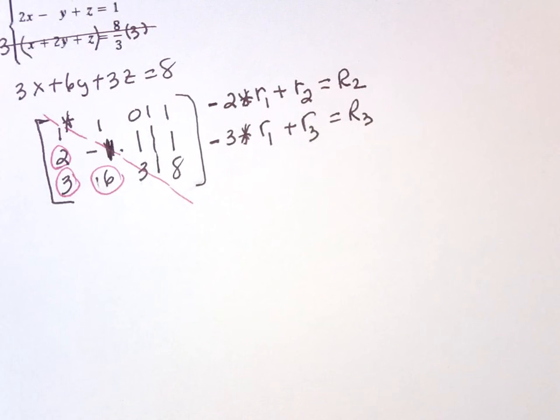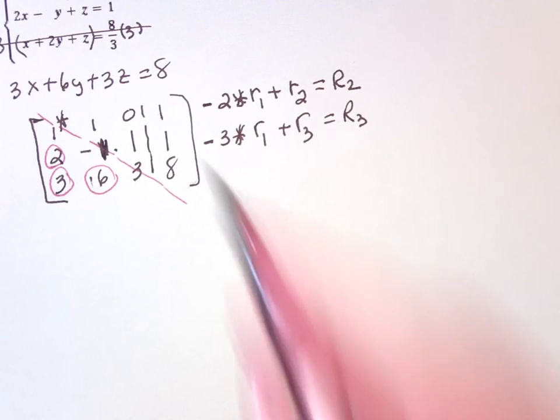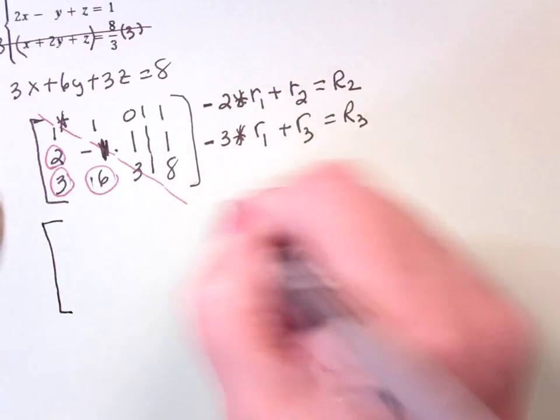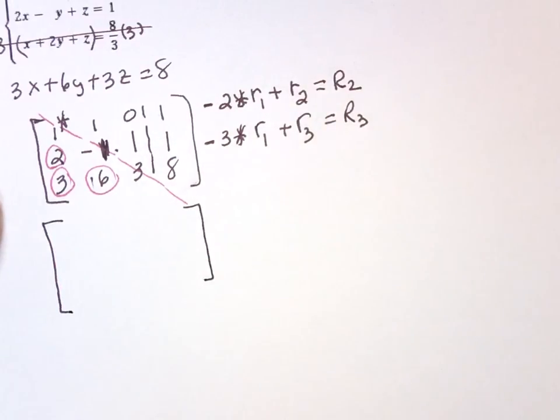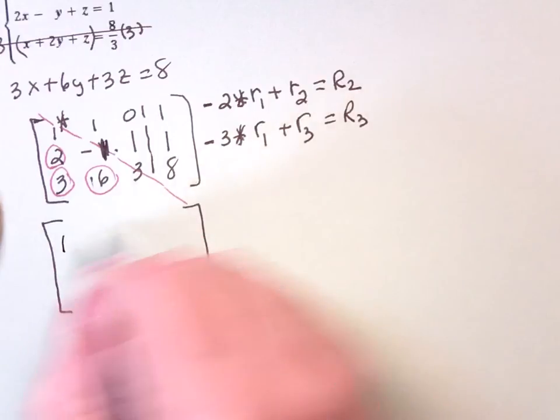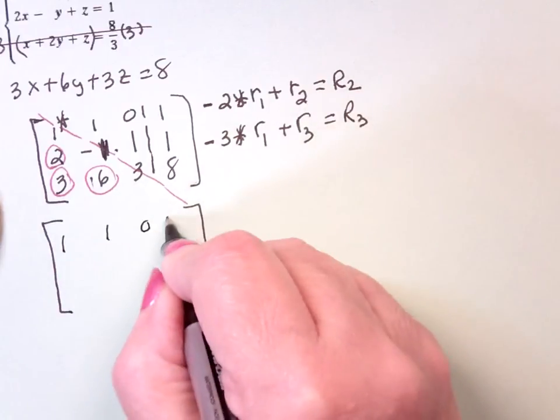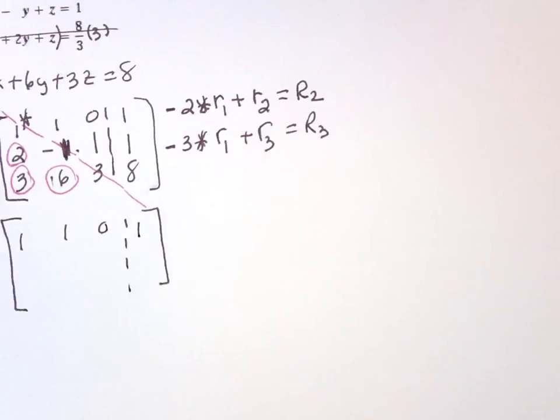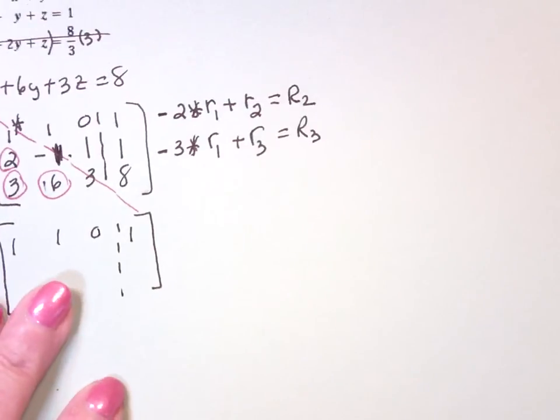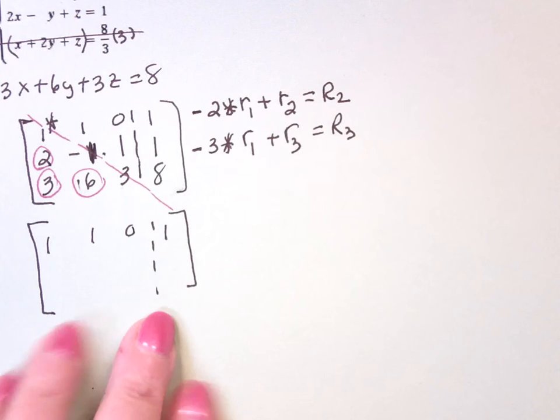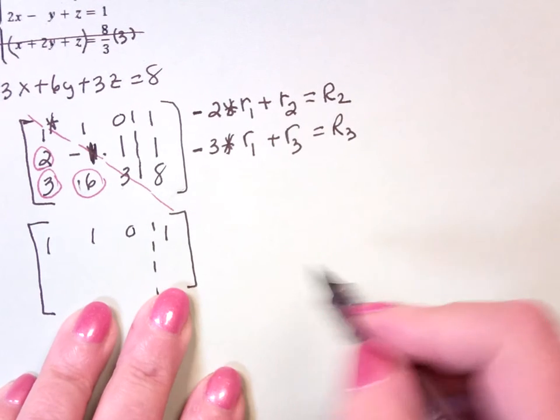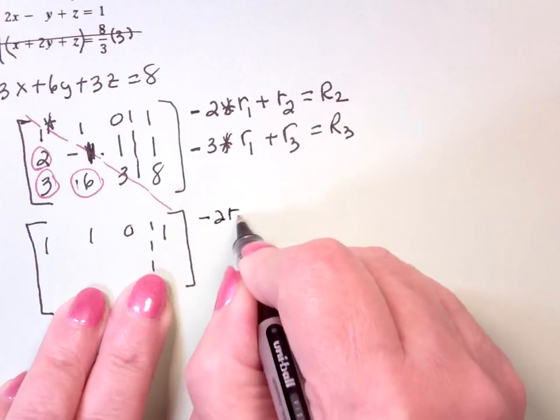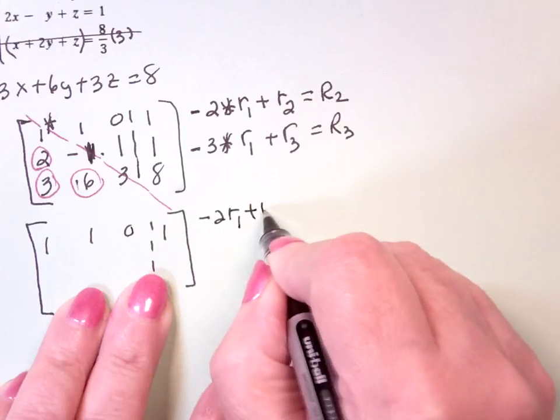So here we go. And I'm going to create a new matrix. The new matrix has a fixed row 1. But I'm going to do a new row 2 and a new row 3. Now I'm going to do a new row 2 by taking negative 2 times row 1, adding it to row 2.